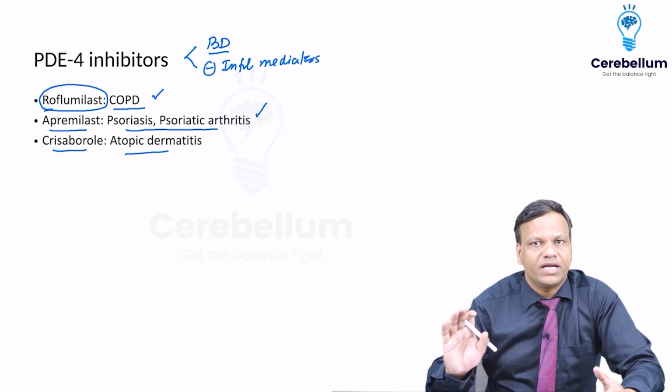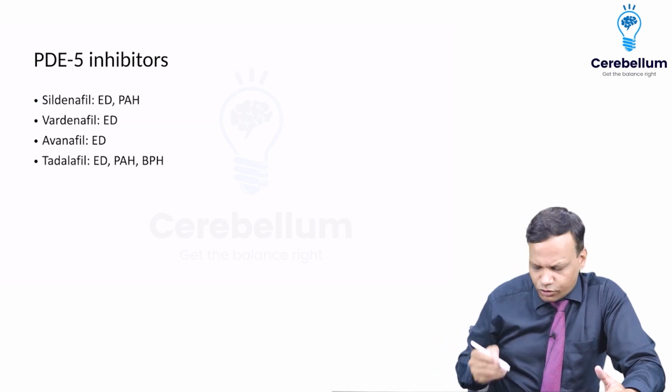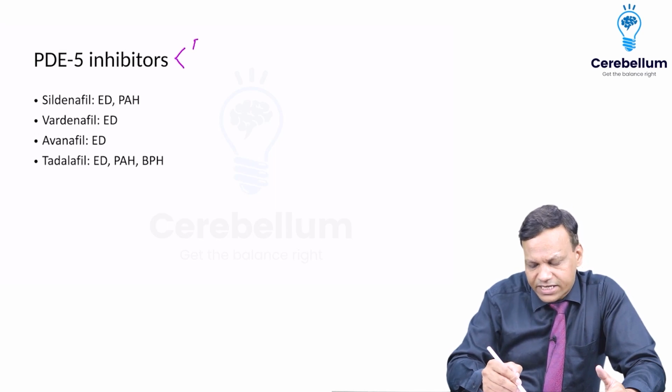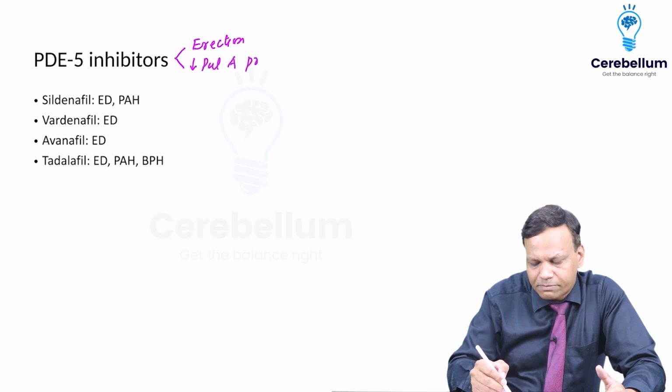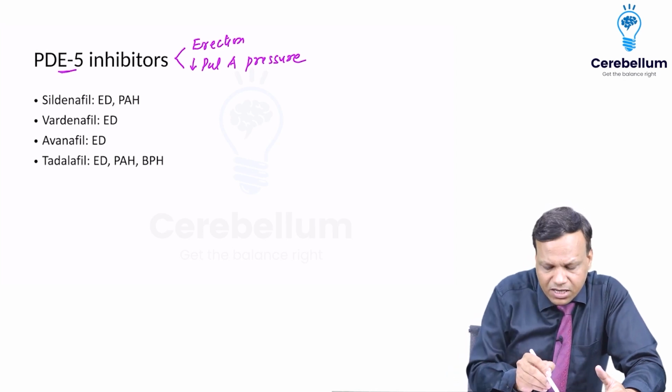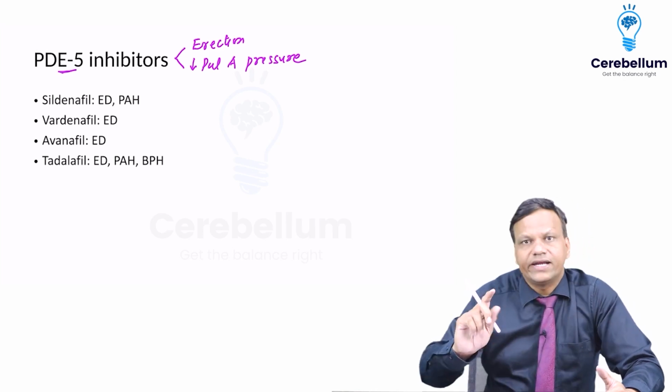Then for phosphodiesterase 5, we discussed two major actions. One, it causes erection, and second, it decreases pulmonary artery pressure. So we can utilize phosphodiesterase 5 inhibitors for treatment of erectile dysfunction.